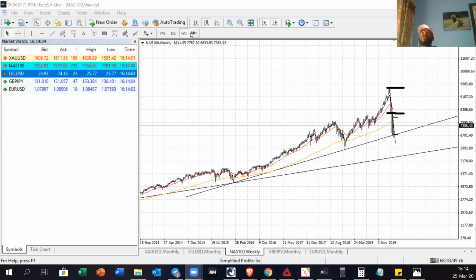So in another video, I'm gonna look at the currency pairs. Today I've covered gold, oil, and the NAS 100. This is my bias, my analysis for the next 3 months: April 2020, May 2020, June 2020. This is how we're looking at it.